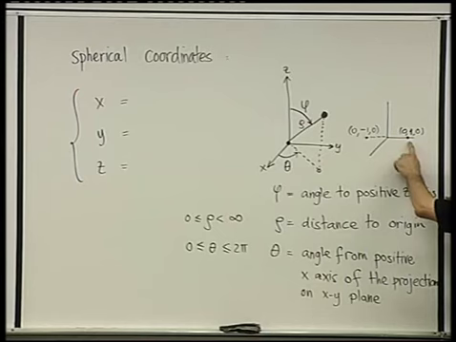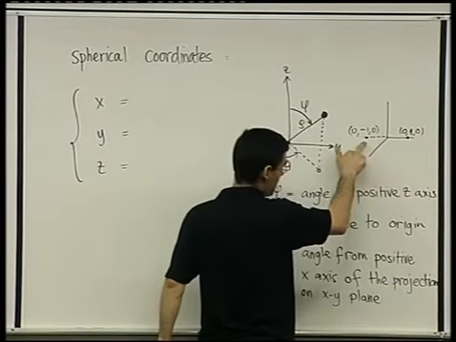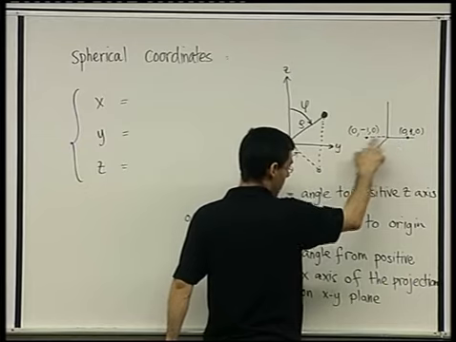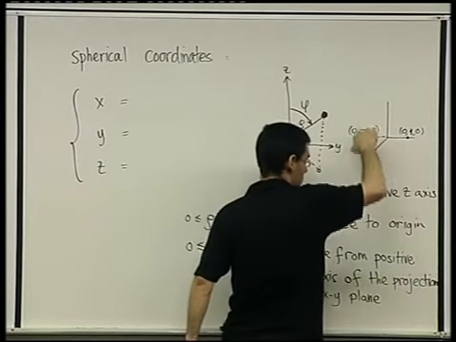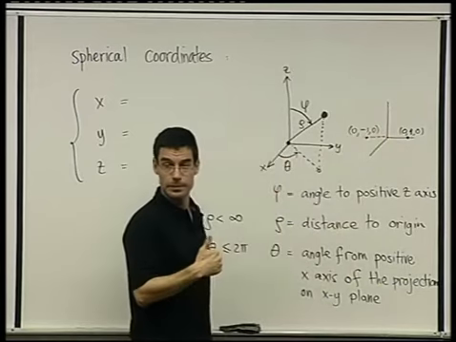this point could be written as rho equals 1, theta equals 90 degrees, or let's look at this point. This point can be written as rho equals 1, theta equals 270 degrees, and phi equals 90 degrees.